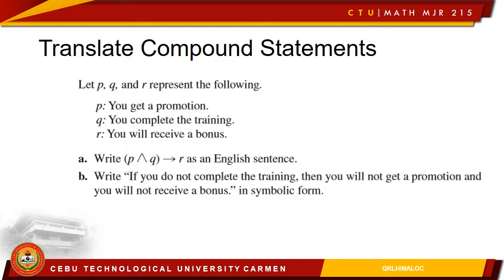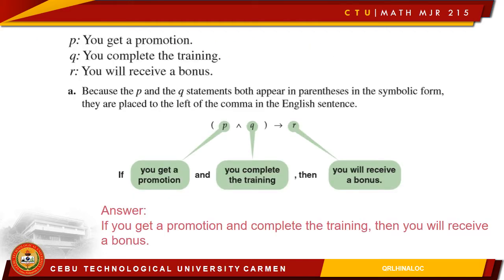Now we're going to translate the compound statements. Let P, Q, and R represent the following. P, you get a promotion. Q, you complete the training. And R, you will receive a bonus. So, letters A and B are for you to answer. Explanation: you get a promotion, you complete the training, you will receive a bonus.